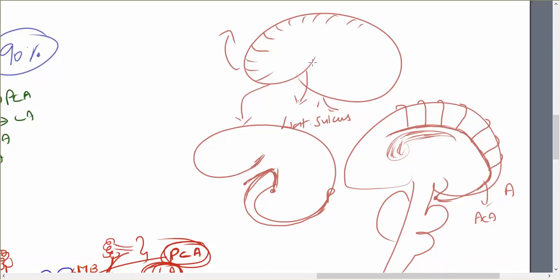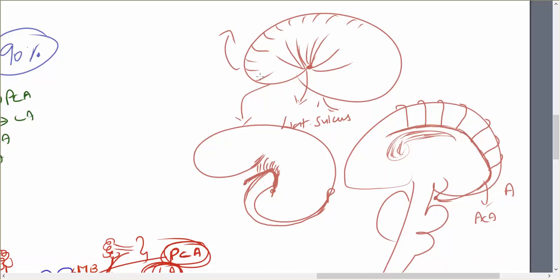When the middle cerebral artery comes out like this, it gives branches to the inner side of the brain. Once the middle cerebral artery enters this lateral superior part of the brain, it gives radiating branches.